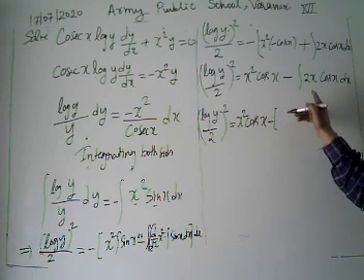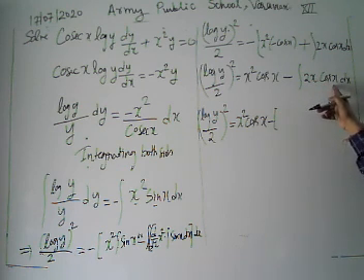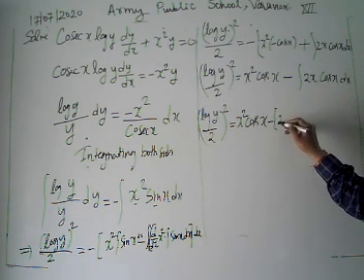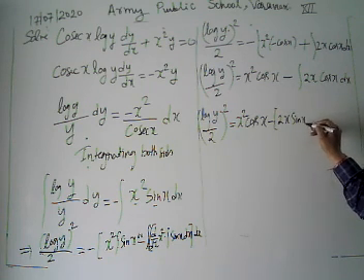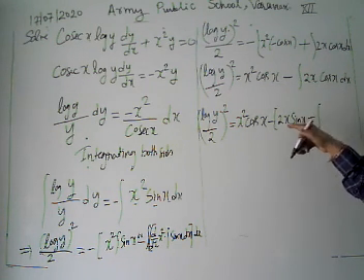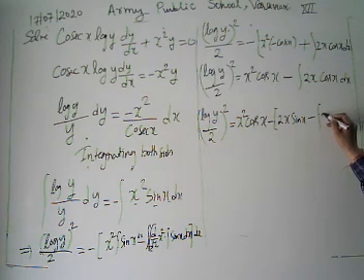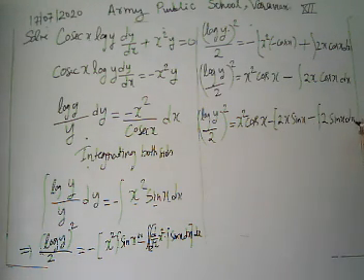We have 2x, then the integration of cos x, what? It's sin x, so it's 2x sin x, then minus the integration of the derivative of 2x, what do we have? It's 2 multiplied by sin x dx.